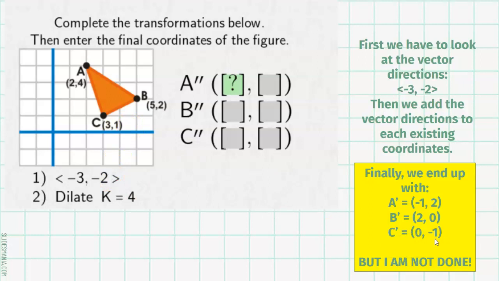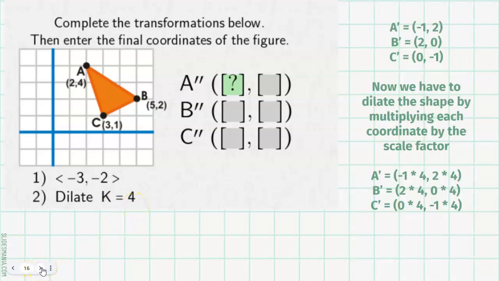But you're not done because the second direction is to dilate. We have to take these new coordinates and multiply them all by the scale factor of 4. So let's do it. I'm going to take my new coordinates.